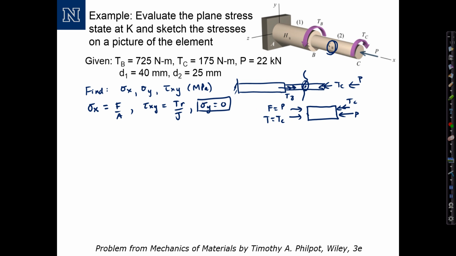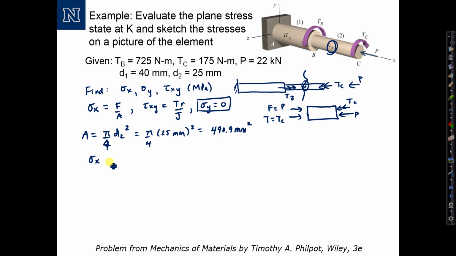Okay, so we need to do some calculations. To calculate sigma x, we need to calculate the cross-sectional area of shaft 2. A would be equal to pi over 4 times d2 squared. It's equal to pi over 4 times 25 millimeters squared, or 490.9 millimeters squared.